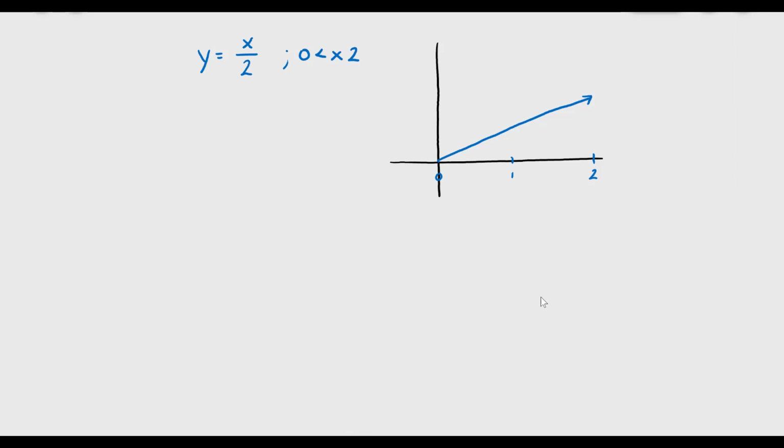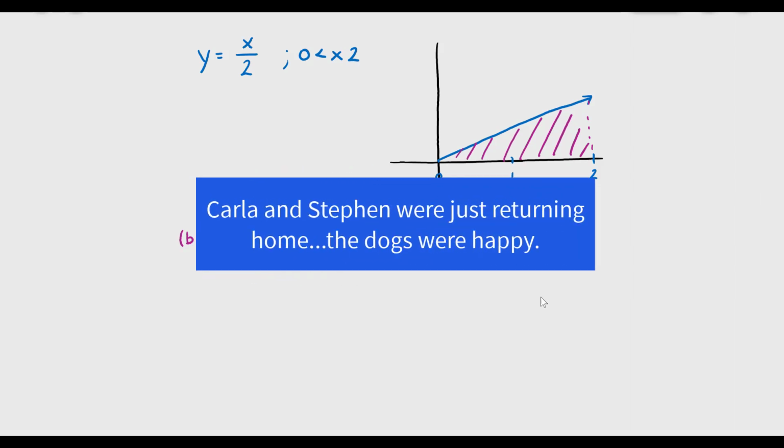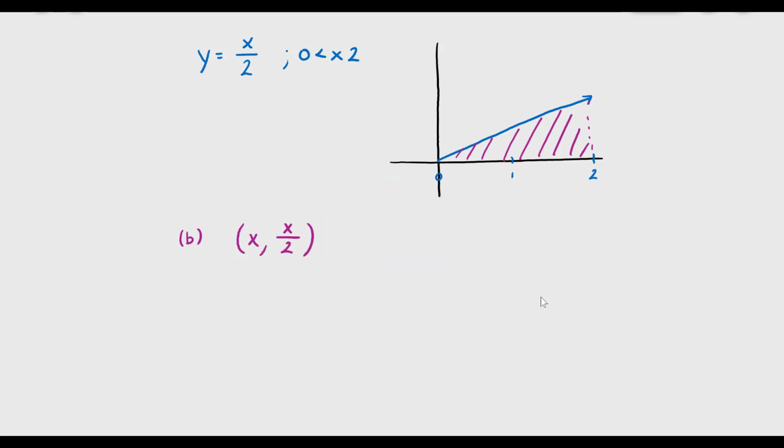For part B, it says show that the area under the curve, so that's going to be this area right here, is going to be represented by x squared over 4. So when we think about this density curve, we have a value x, and our output is x over 2.